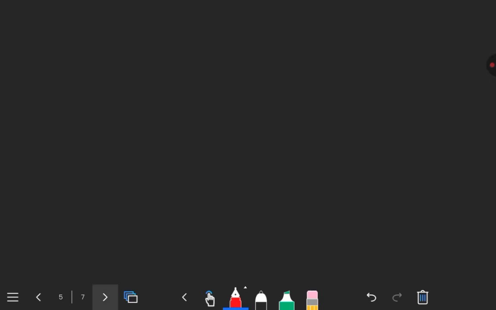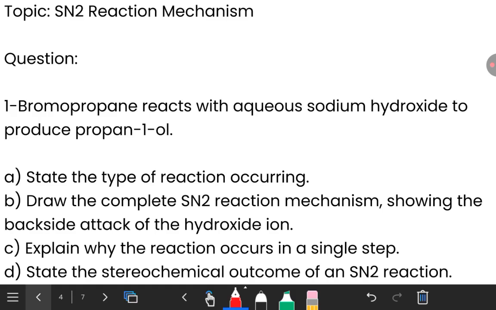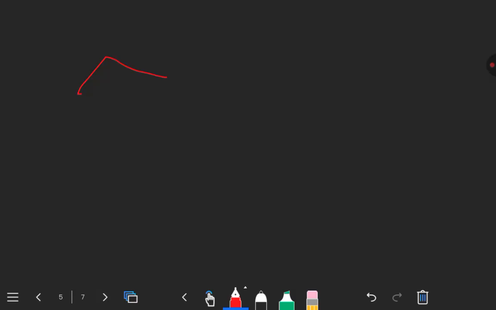So propane, it is actually 1, 2, 3. So this bromine is at carbon number 1, like that. So we have 1-bromopropane like that.